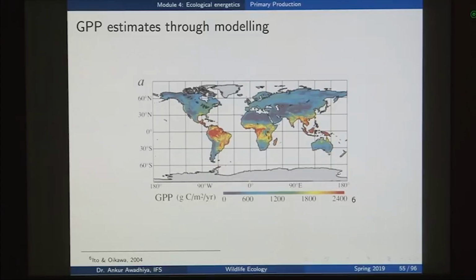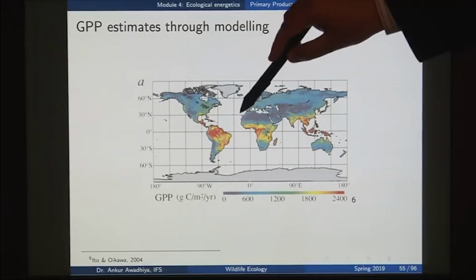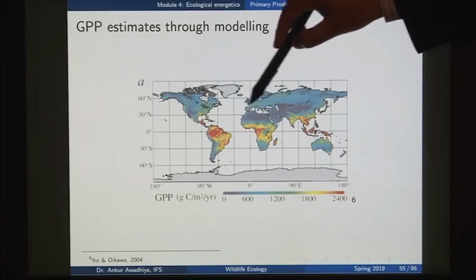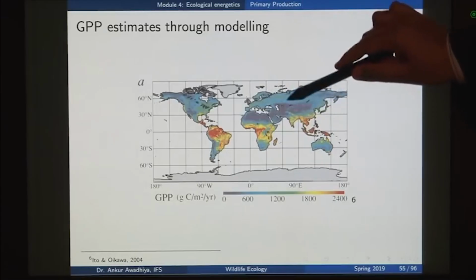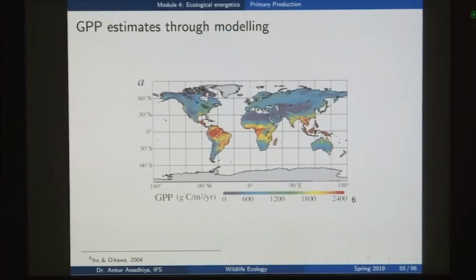In comparison, this is the Sahara desert. The Sahara desert will have a very low gross primary productivity, because you have fewer plants and a dearth of water in that area. Now, most of the areas of Europe will come in a moderate range of productivity. In comparison, India has a much higher level of gross primary productivity, and so do the Southeast Asian nations.